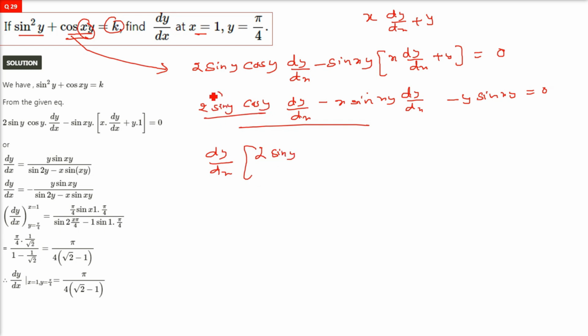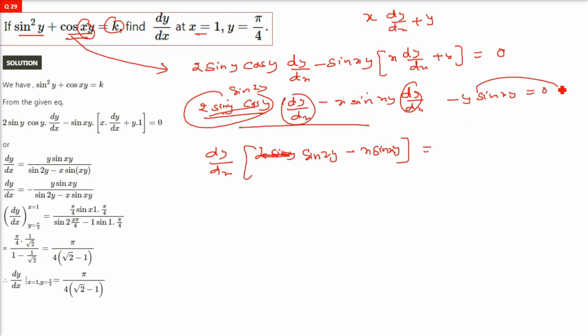Actually it is 2 sin theta cos theta, so you can directly write it as sin 2 theta. So 2 sin y cos y is sin 2y. Minus x sin xy, dy by dx I have already taken common, and transposing this to the right hand side, y sin xy.